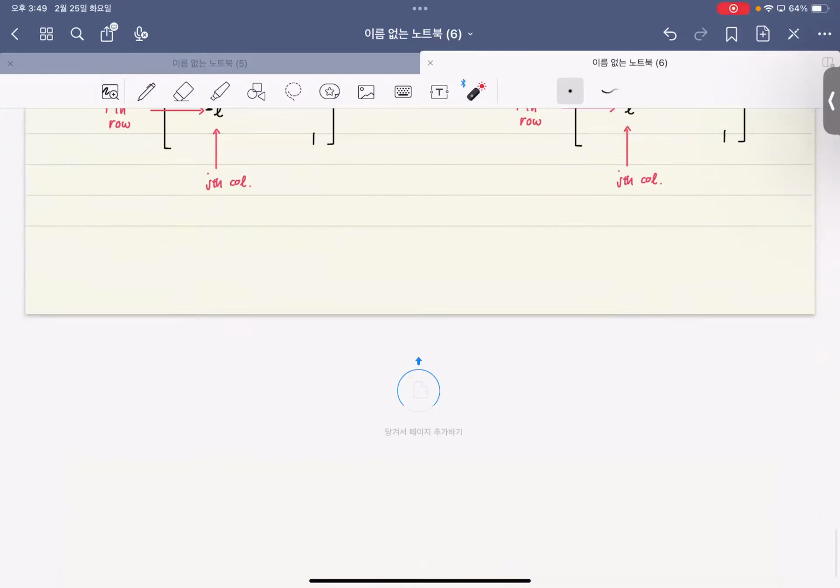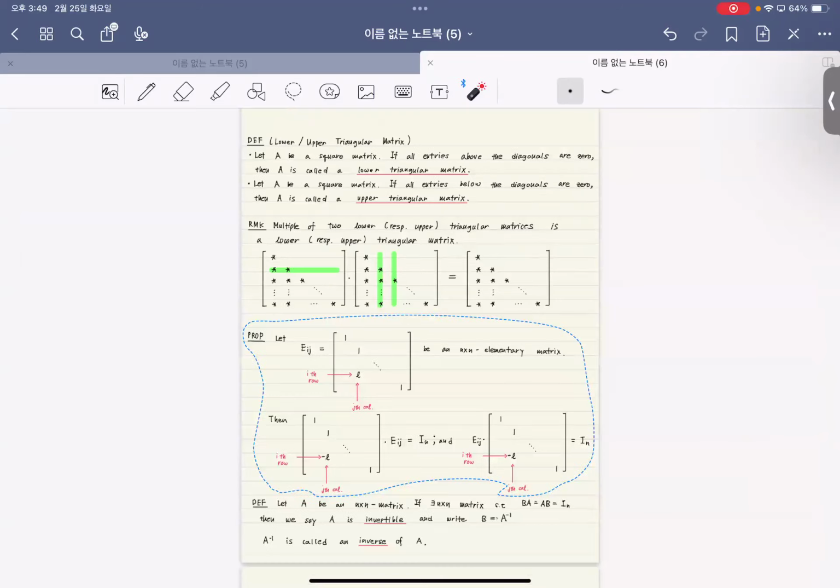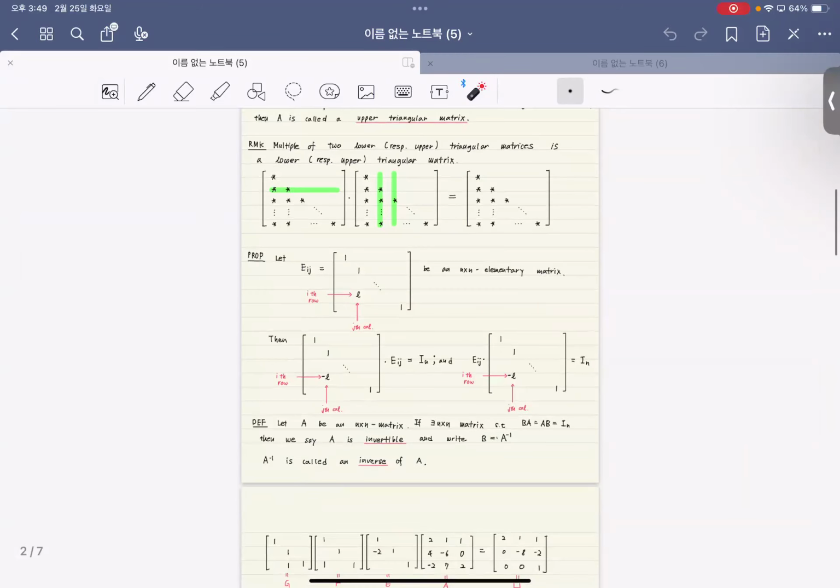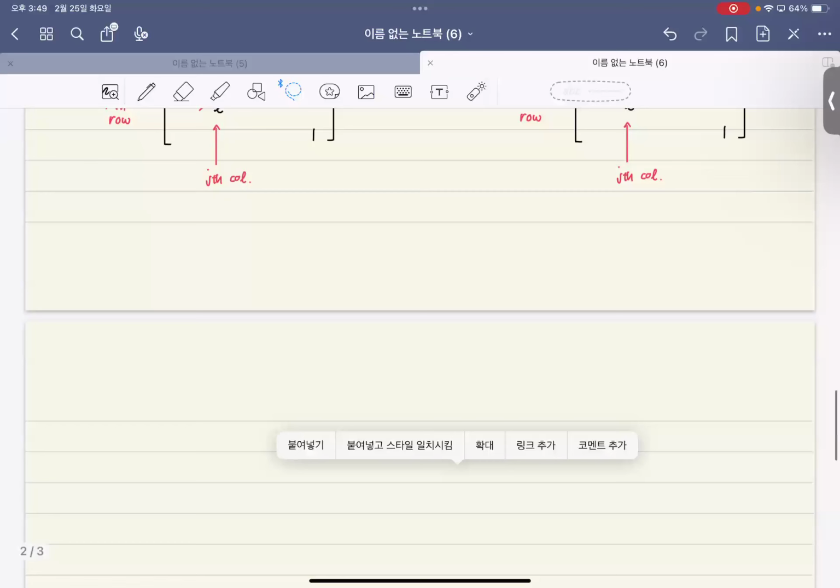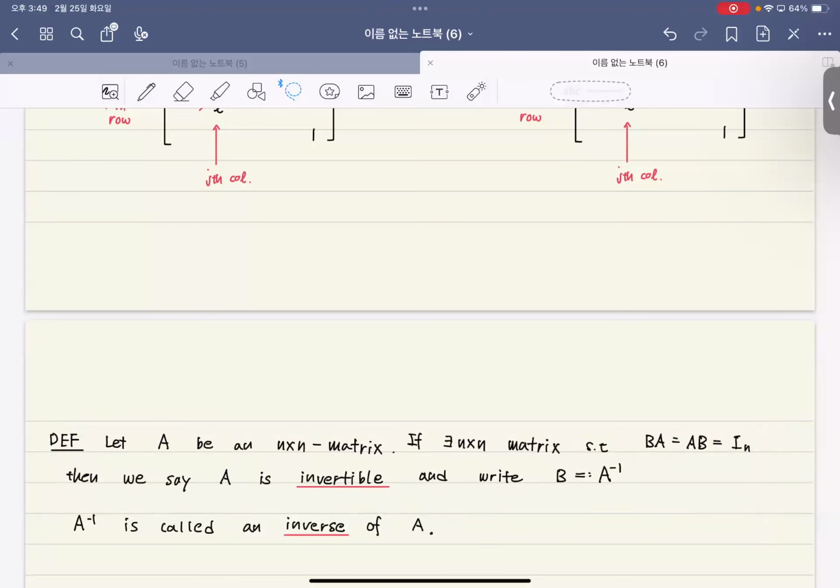Why spend time writing down all these propositions? Because, all right, this is my definition of the inverse matrix. Suppose my matrix A is an n by n square matrix. By the way, inverse matrix is only defined for square matrices.